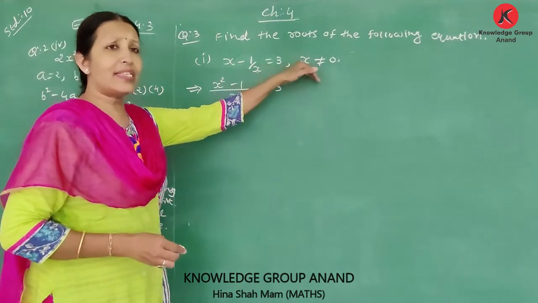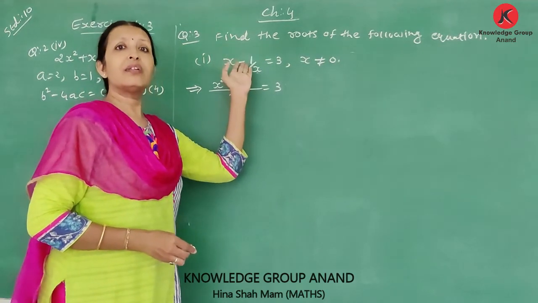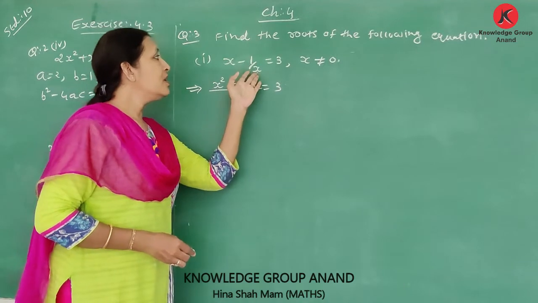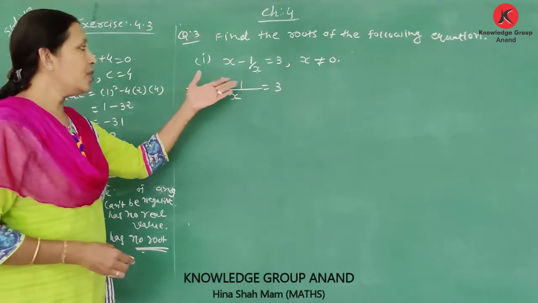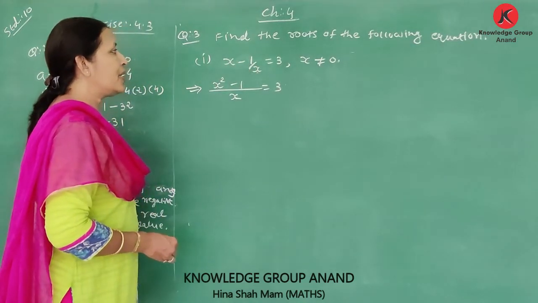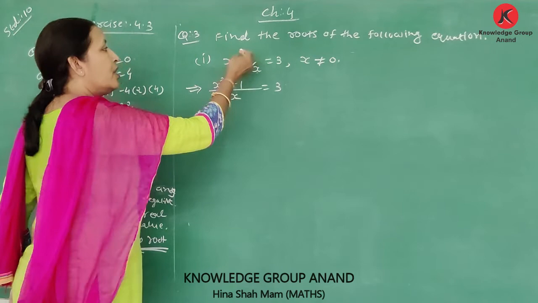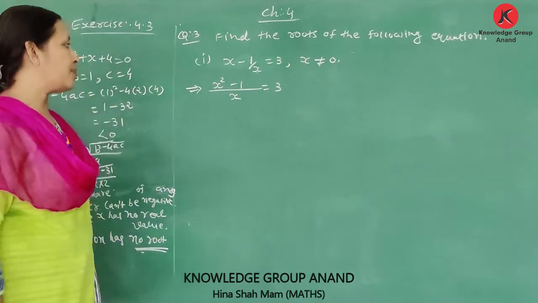Here is the condition. x is not equal to 0. Suppose x is equal to 0. It does not exist because 0 can't be in the denominator. We know that 0 cannot be a denominator. Therefore, the given condition is x is not equal to 0.